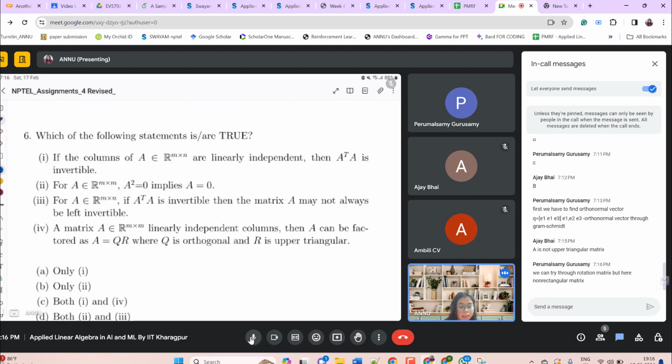We will see how to solve this Q and R and L and U, don't worry. Even though we can't solve it in this class using Gram-Schmidt, we can definitely solve it. We can try through a rotation matrix, but here it is a non-rectangular matrix. Yeah, you can solve using a rotation matrix also. So okay, let's wait for next week. But yeah, let's solve this question. This is easy.